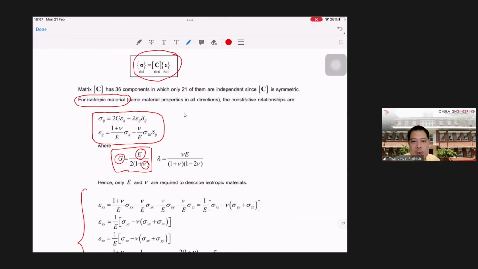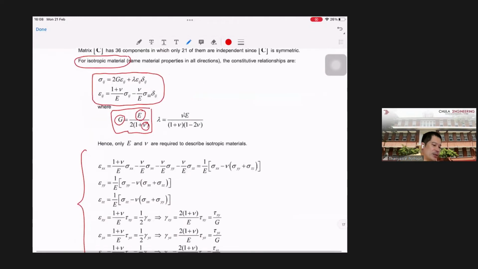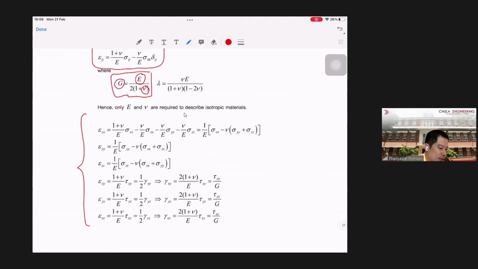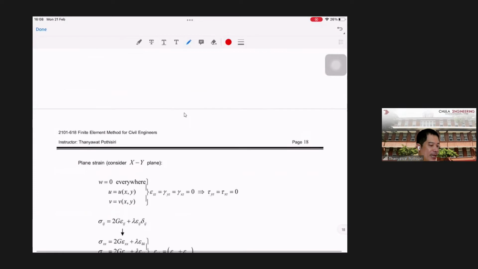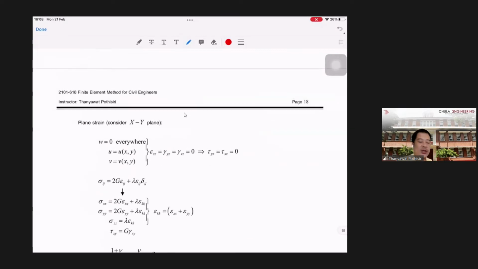The typical Poisson's ratios that we use are, for example, 0.3 for steel and around 0.2 for concrete. Those are the values that are normally used. Based on these equations, in our course we would focus only on plane problems, so we'll concern ourselves mostly with what's going on inside the plane.